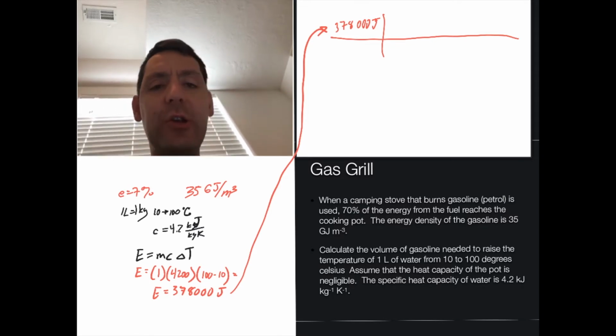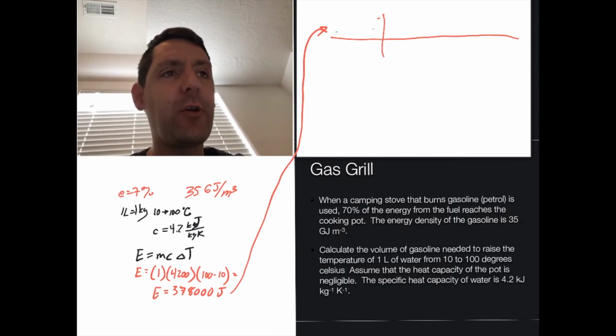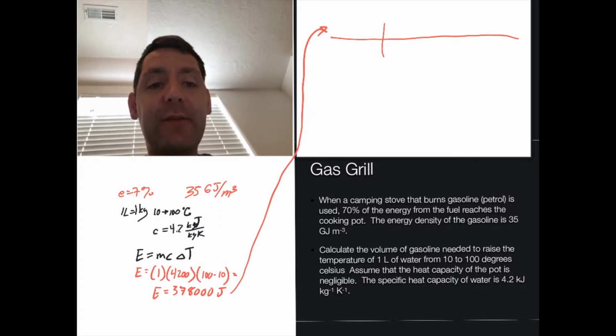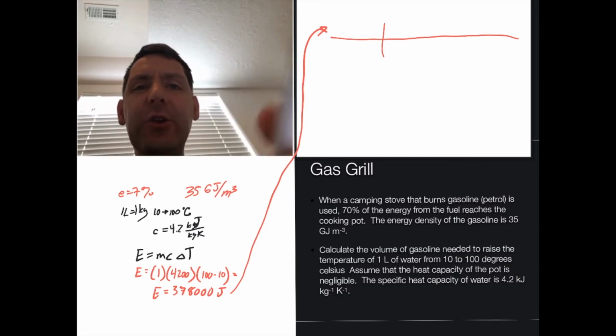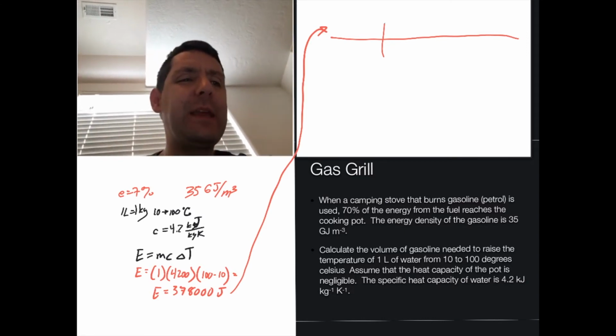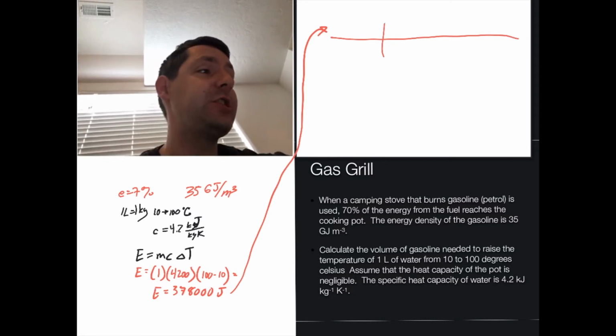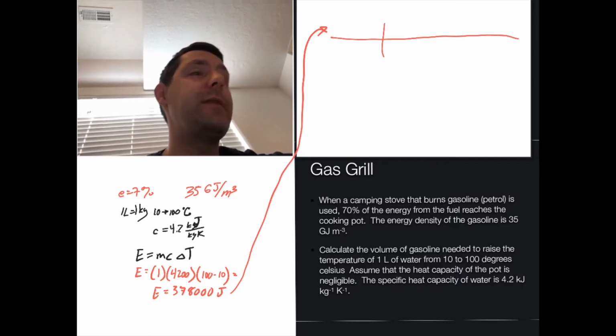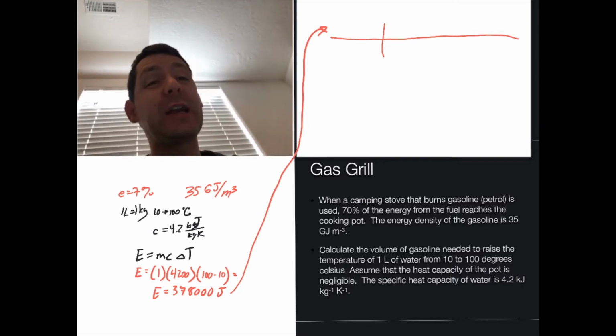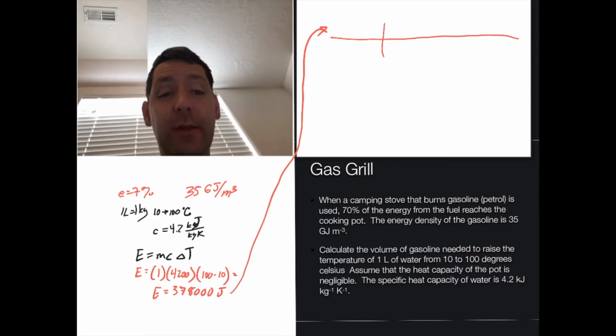Actually, I'm going to do one more thing first before I throw it into my unit conversion. I am going to use the efficiency, because it says that it's 70% efficient. If it's 70% efficient, then I need more energy actually coming in, because not all the energy is going to the pot.